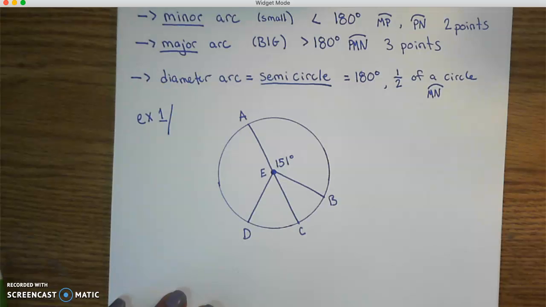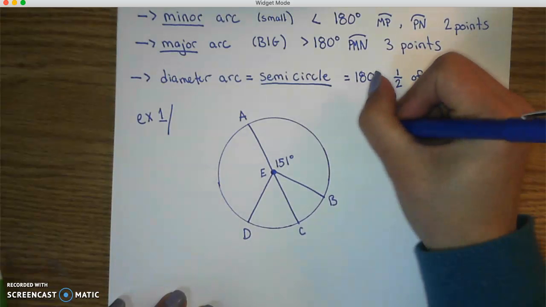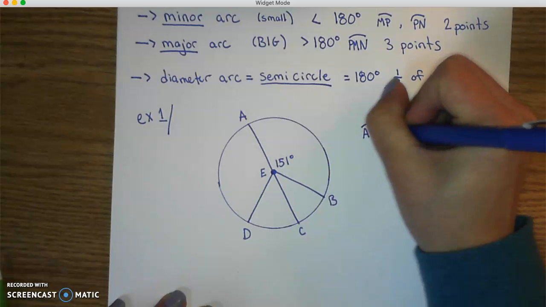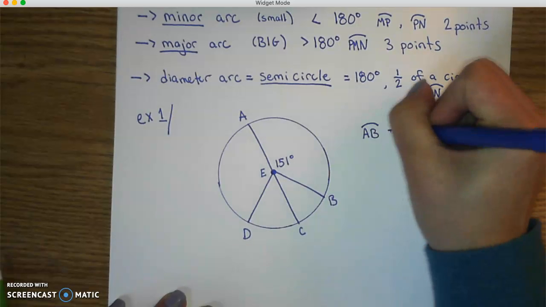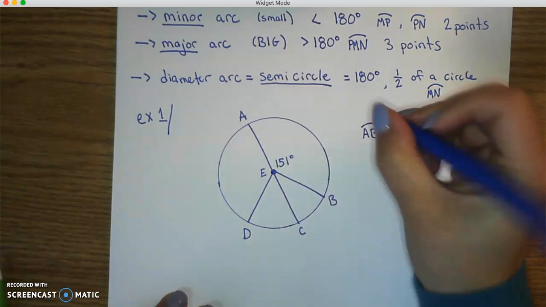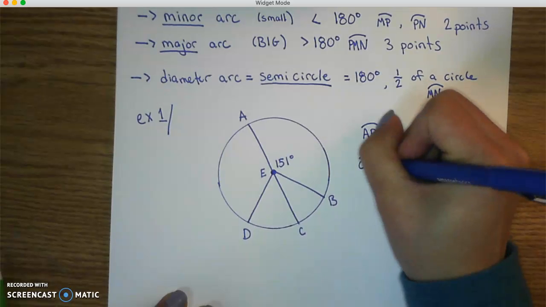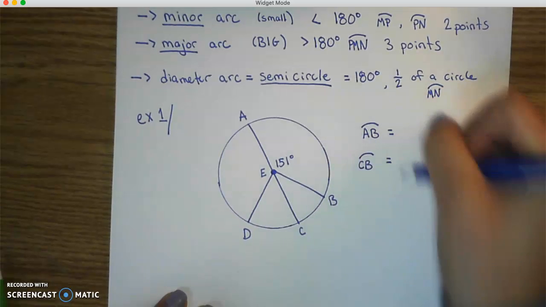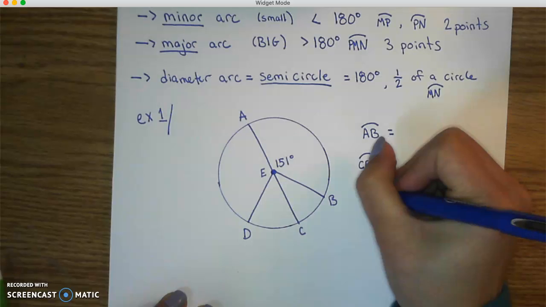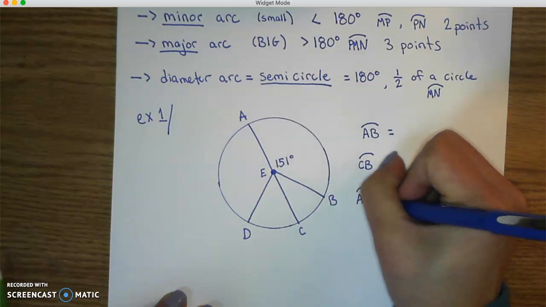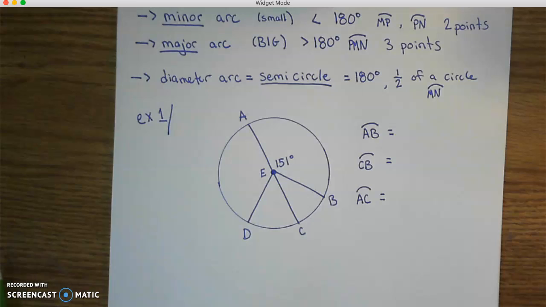And what I want you to be able to tell me is, what's the measure of arc AB? What's the measure of arc CB? And what's the measure of arc AC? All right, so let's give it a try.